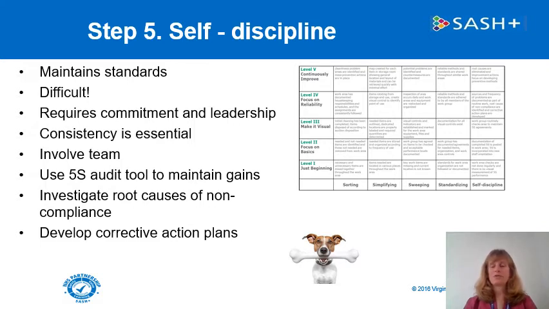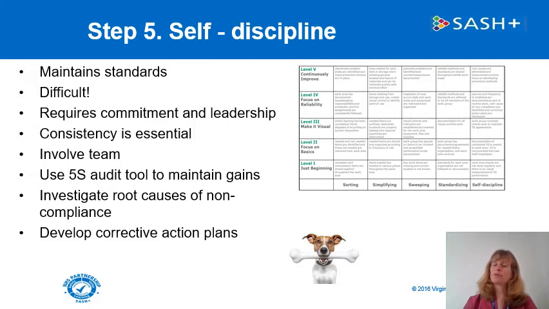Investigate root causes of non-compliance. So if something is consistently running out, have you got your PAR levels right? Should you up your PAR levels? If things are creeping back in and being put in a different place, did you get the understanding of how they're being used wrongly? You know, is that item actually more frequently needed than you initially thought, so it's being put back in a different place?